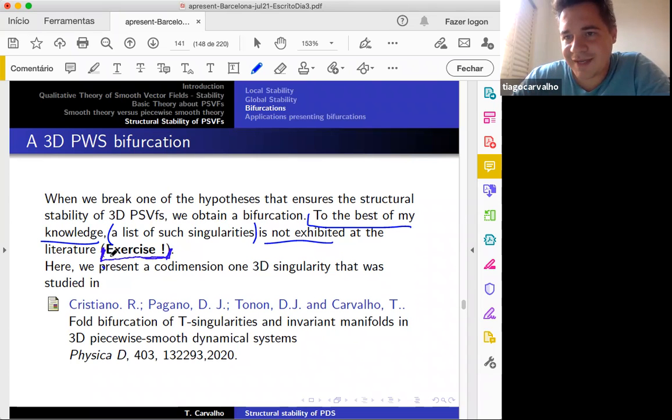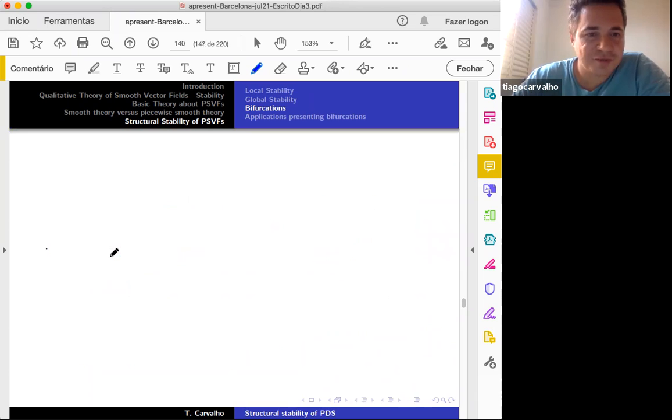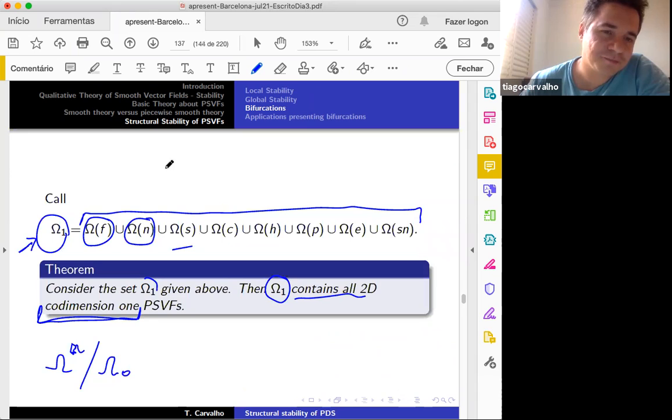Also, you can do the following exercise. Produce a list of codimension two piecewise smooth vector fields in the plane, okay?